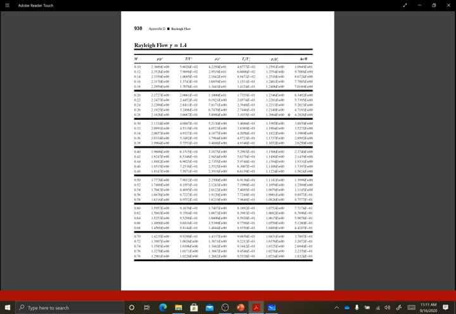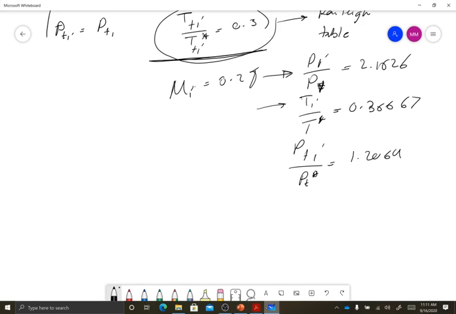Okay, that's it. But the idea is your static temperature and static pressure have changed, right? How can we calculate the new prime values for the inlet? Because we have new prime values for the inlet, right? How can we do that?